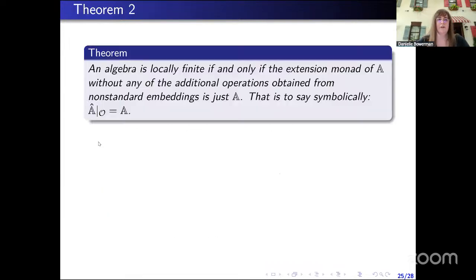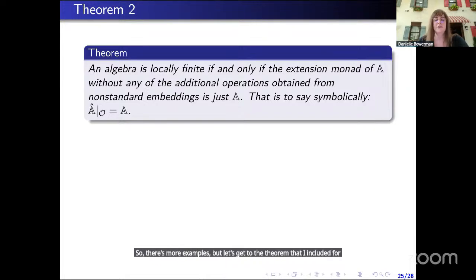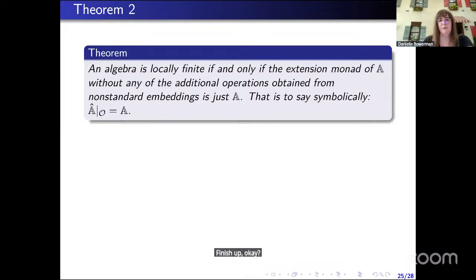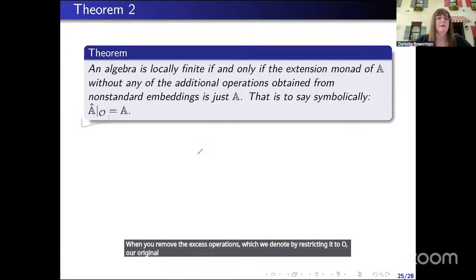So there's more examples, but let's get to the theorem that I included for a sort of basic utility of extension monads, and then we can finish up. Okay. An algebra is locally finite if and only if the extension monad of A, so A hat, when you remove the excess operations, which we denote by restricting it to O, our original operation set, just gets us our original algebra again.